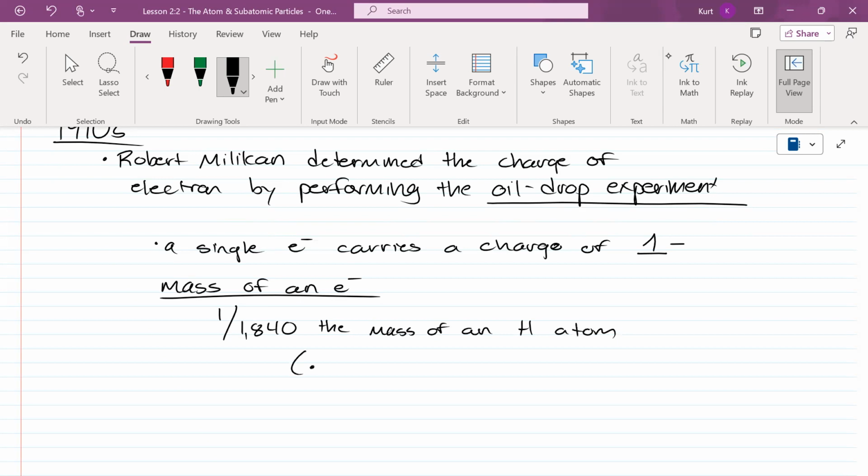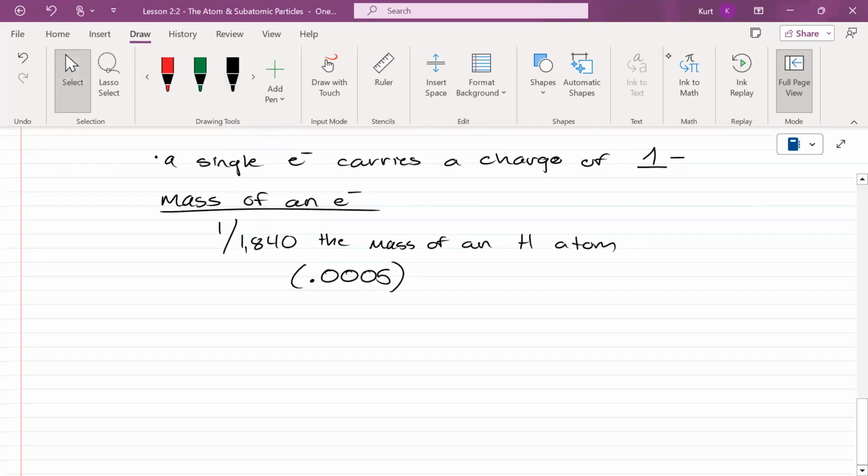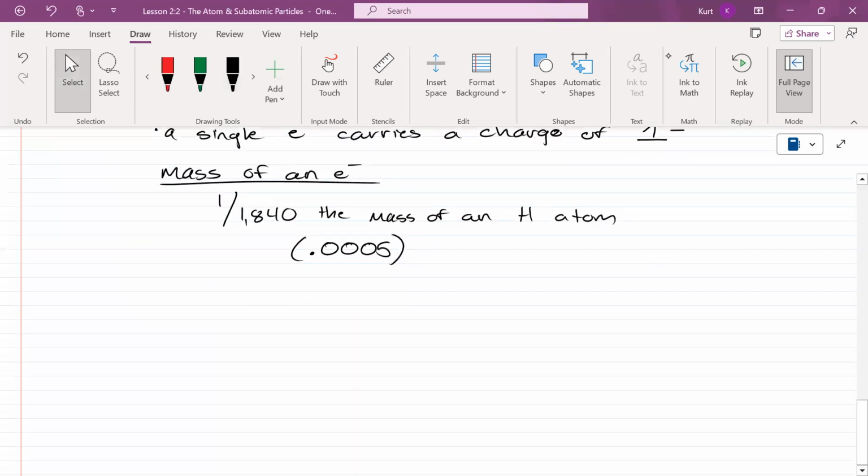That is 0.0005. So it's 50,000 times less than a hydrogen atom. Very tiny. In fact, of the 3 subatomic particles, electrons are the smallest of the 3.